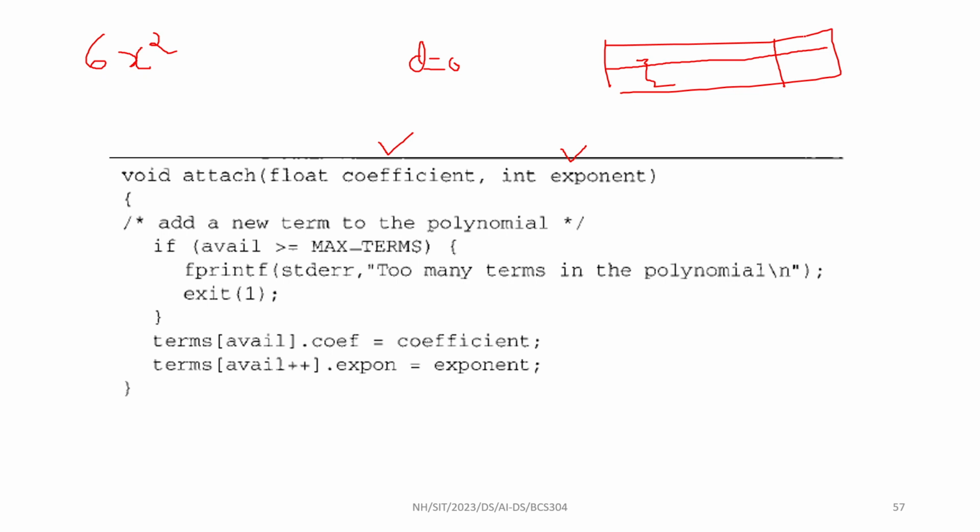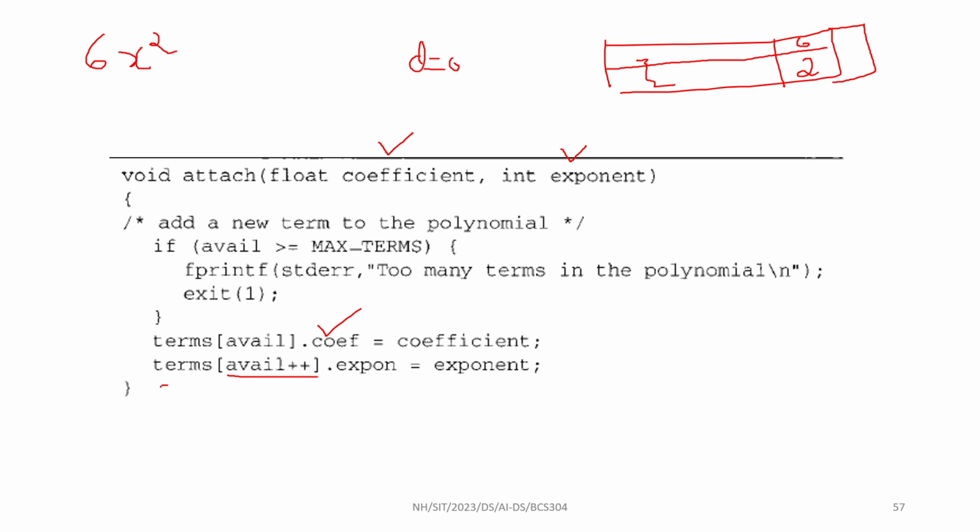In the next available space, coefficient 6 is added and exponent 2 is added. In the next place, you go for the exponent. After that, keep it ready for the next element. That is why avail plus 1 is to be added here.